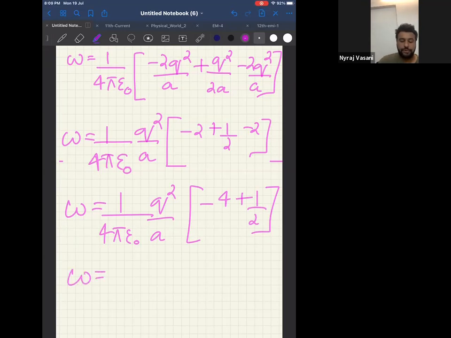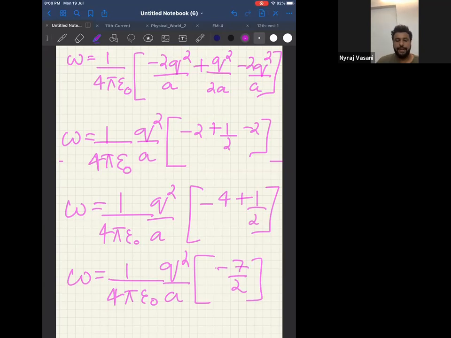Or W is equal to 1 by 4 pi epsilon naught Q square by A into minus 8 plus 1, which will be minus 7 by 2.